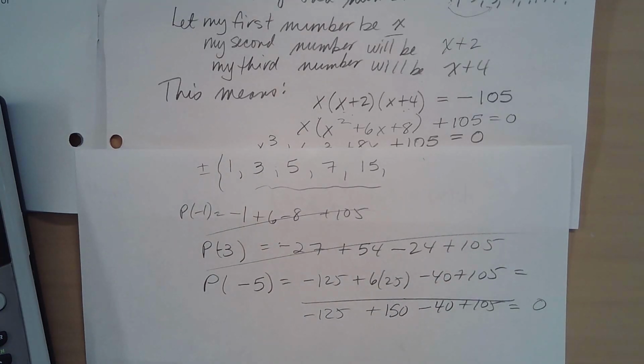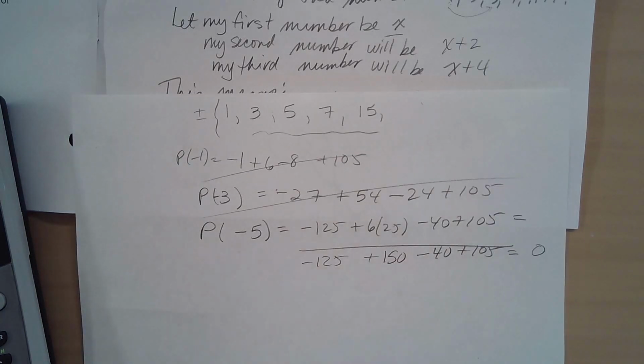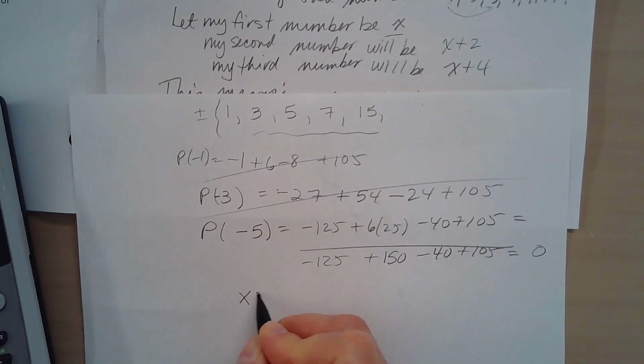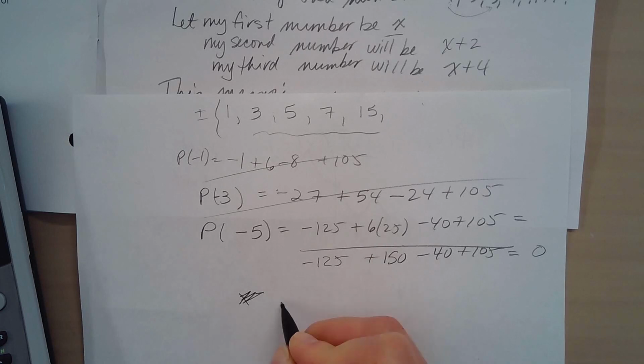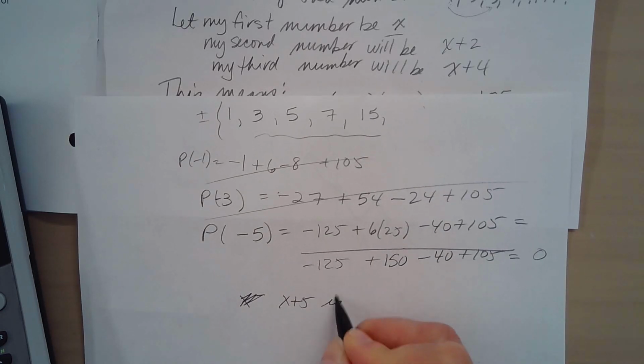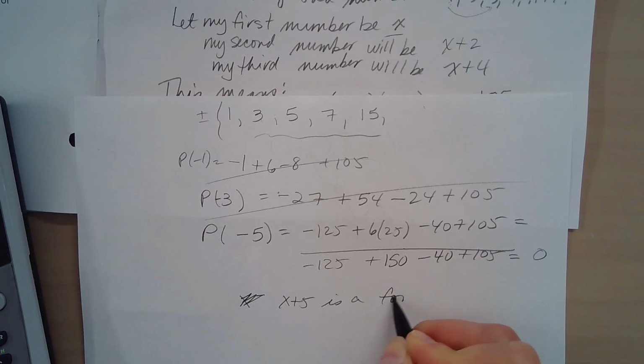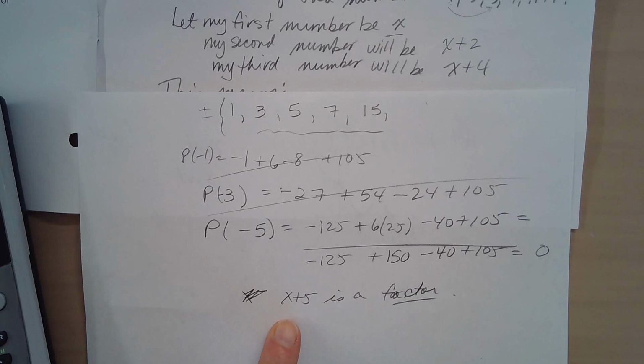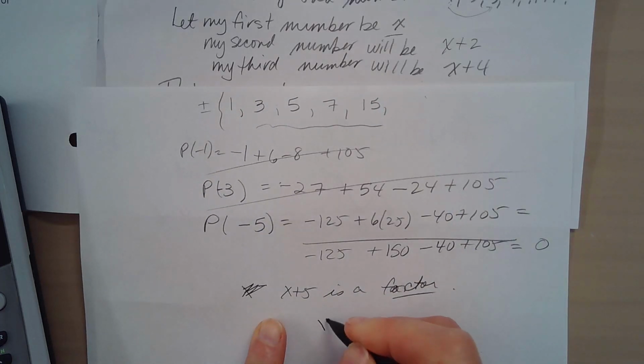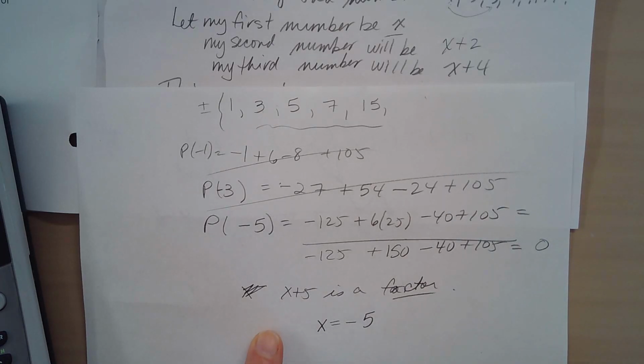So negative 7 or negative 5 works. That kind of makes sense to me. So I'm thinking x plus 5 is a factor. So if x plus 5 is a factor, this means x equals negative 5. Agreed?